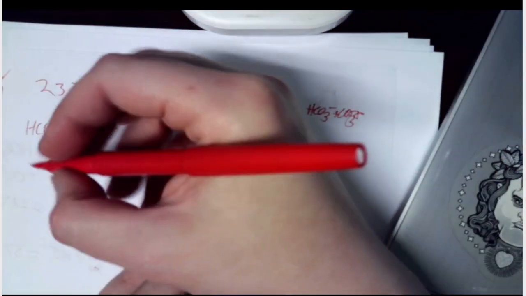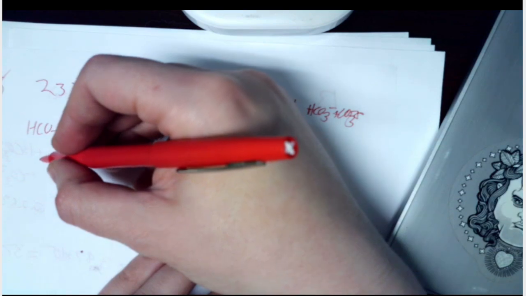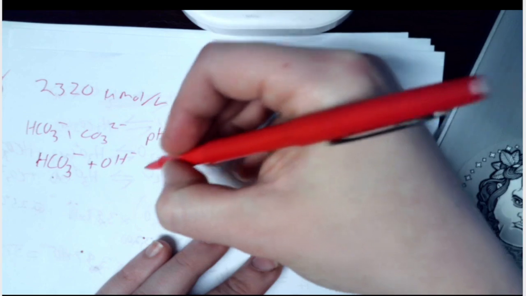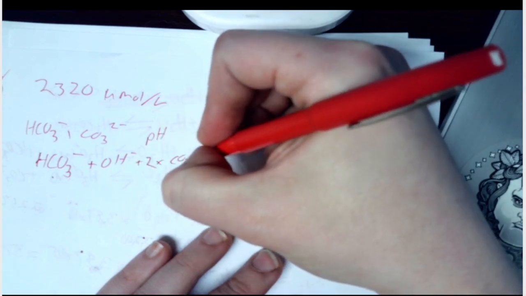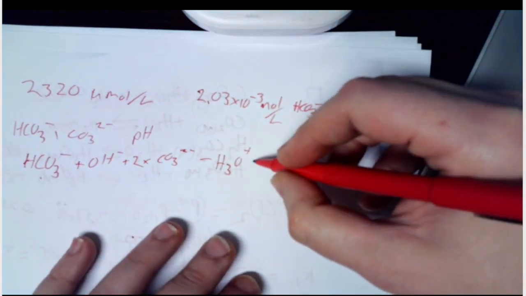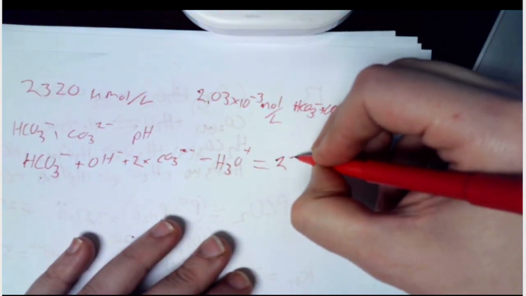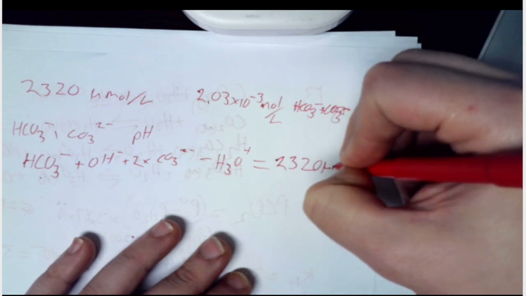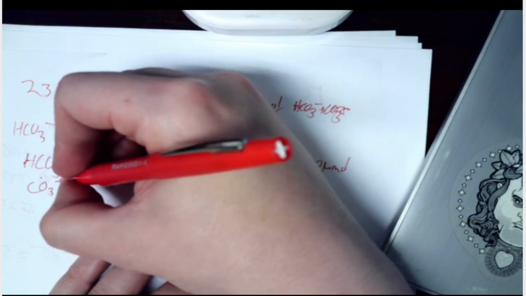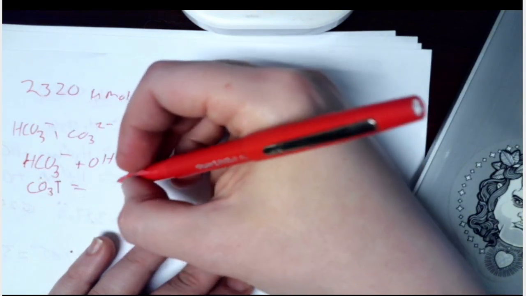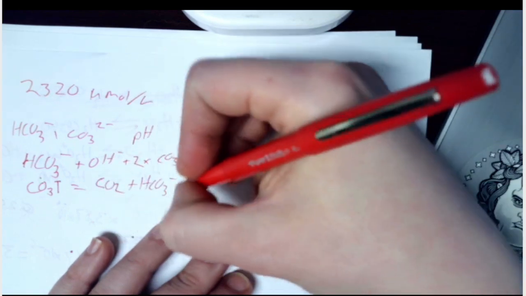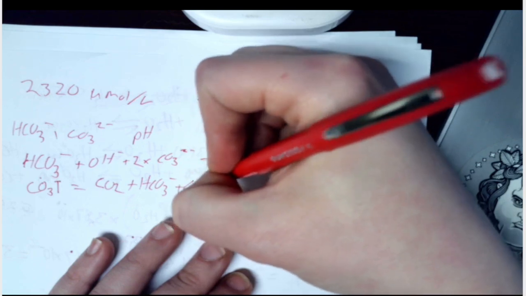So the basic idea here is we're going to work in reverse. HCO3 minus plus OH minus plus 2 times carbonate minus acidity is going to equal 2,320 micromoles. We also know that total carbonate is going to equal CO2 plus HCO3 minus plus CO3 2 minus.